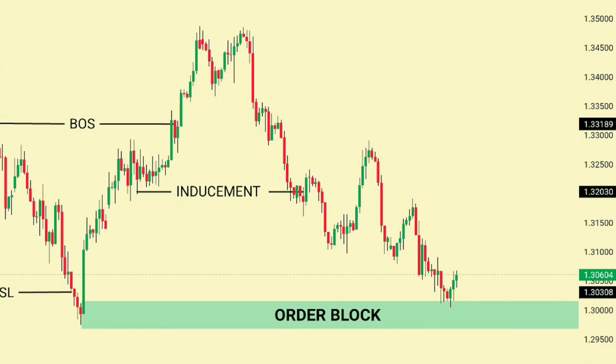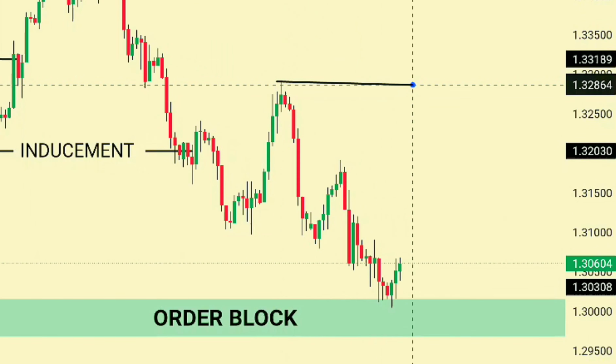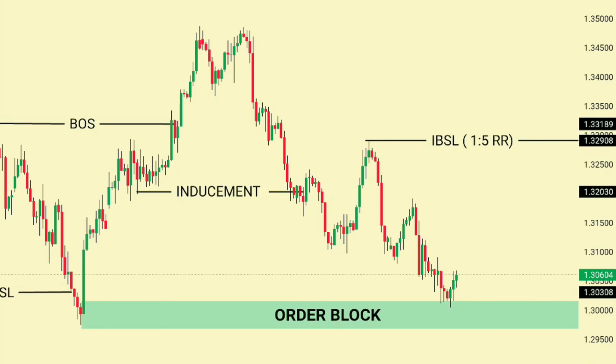Instead of targeting external liquidity, my focus was on the internal buy-side liquidity resting above this area. This is where many traders have a different approach. They often hold their positions, hoping the market will reach a much larger target, but that can sometimes reduce the probability of the trade playing out successfully. In this setup, the nearest internal liquidity offered a clean and realistic objective, while still providing an excellent 1 to 5 risk-to-reward ratio.